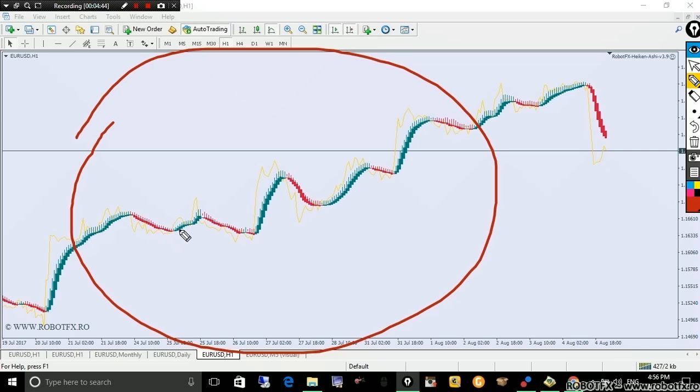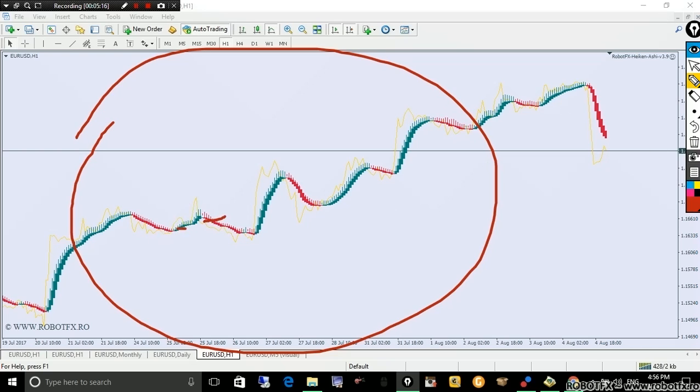If the Expert Advisor would have opened the trade right here, when the Heiken Ashi candle changed the color from red to green, normally it was supposed to close it right here, but maybe the price would be lower than the opening price. In this case, the profit will be negative and the Expert Advisor will not close this trade. It will stay within this trade until the next closing signal, as instructed by the trader.